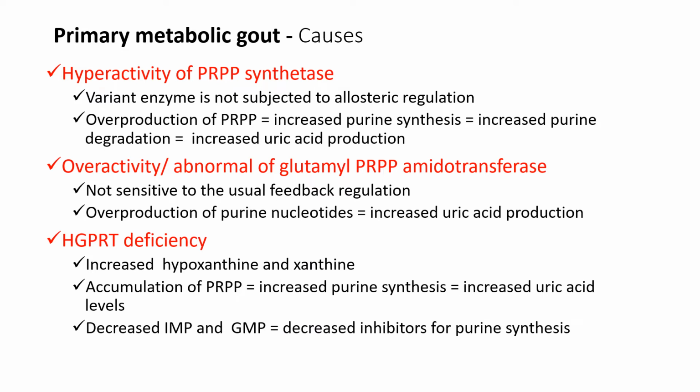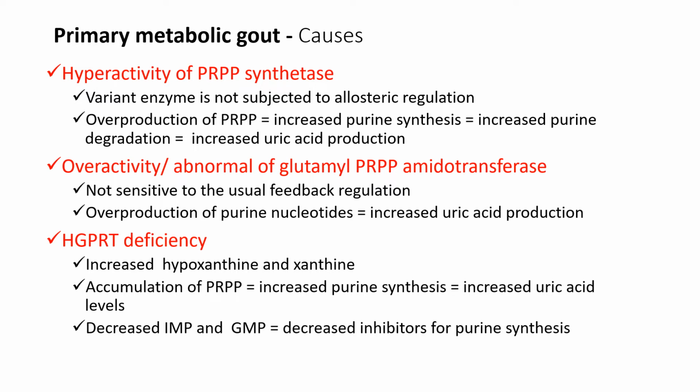Now coming to the next enzyme defect, that is HGPRTase deficiency. This is the enzyme of the salvage pathway. Once this enzyme is defective, there is increased substrate, that is hypoxanthine and xanthine.